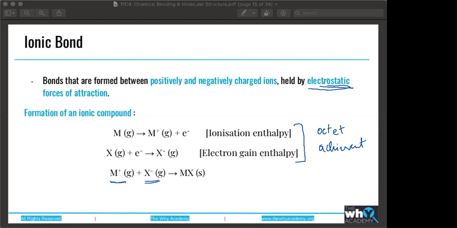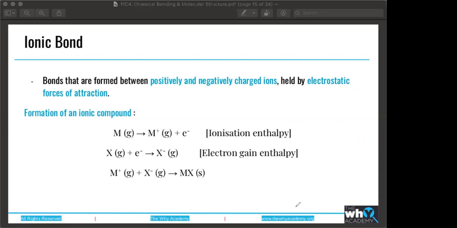There is also this part involved, the electrostatic forces of attraction. So it's not just the formation of ions, but also the part where they are attracted to each other that contributes towards stability of the compound. That also contributes towards the overall energy changes that happen.